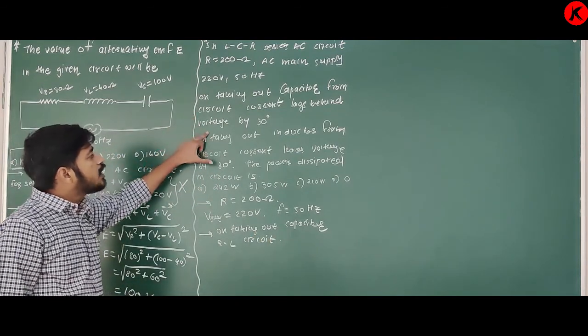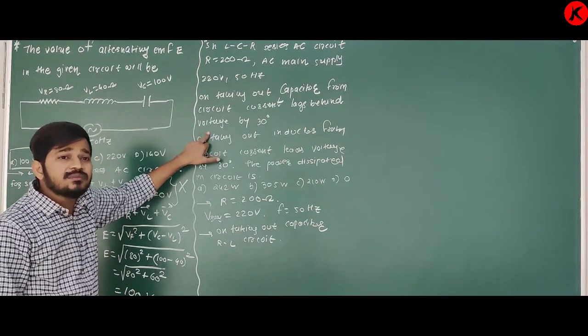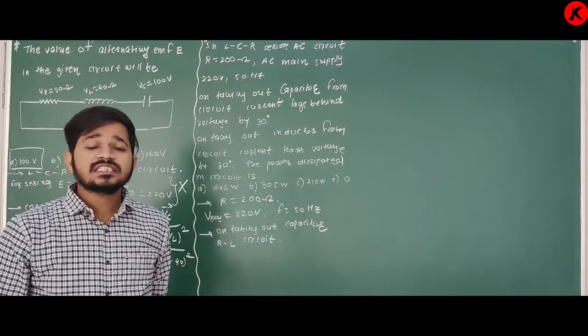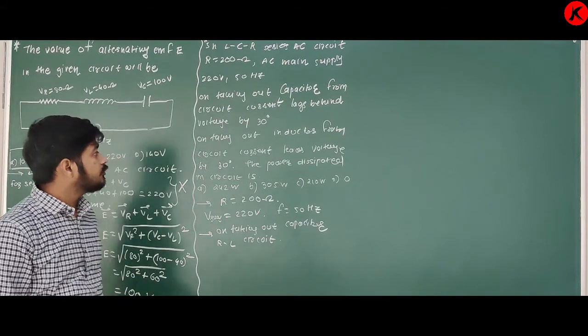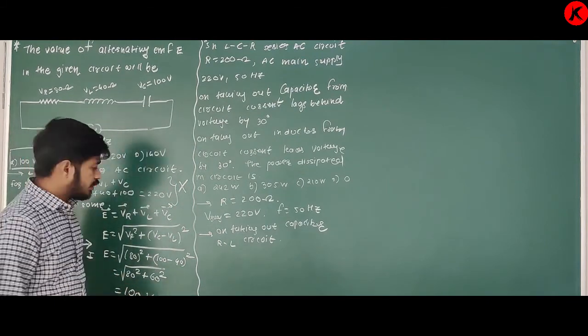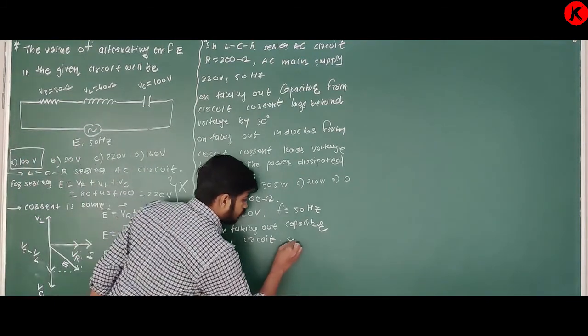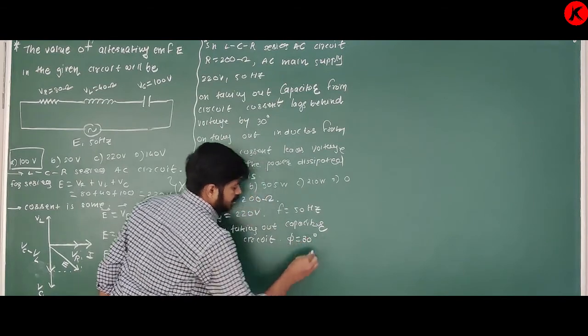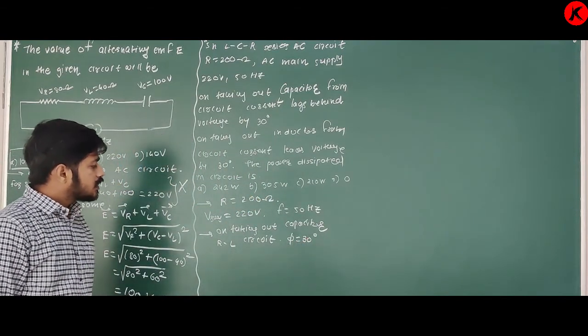Current lags behind voltage by 30 degree. 30 degree is the given phase. So phi is equal to 30 degree.